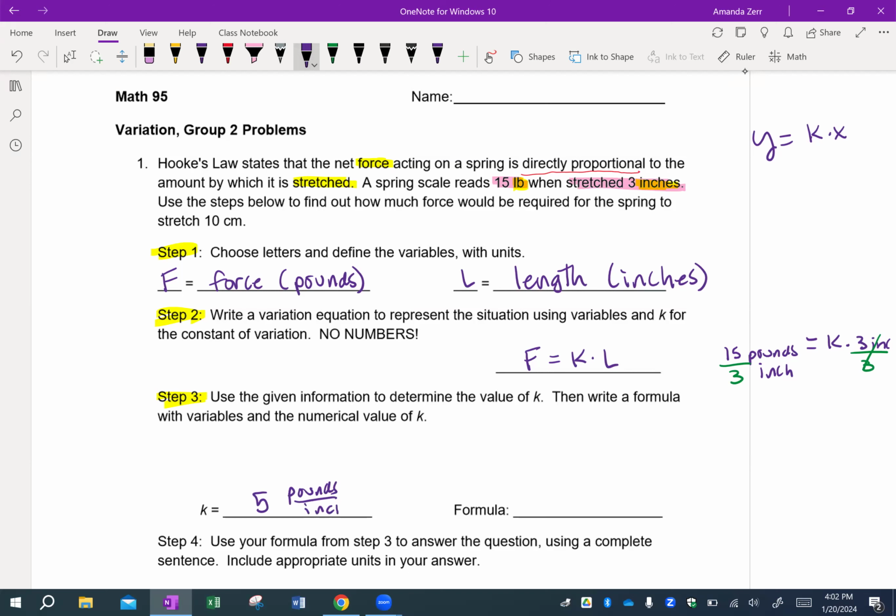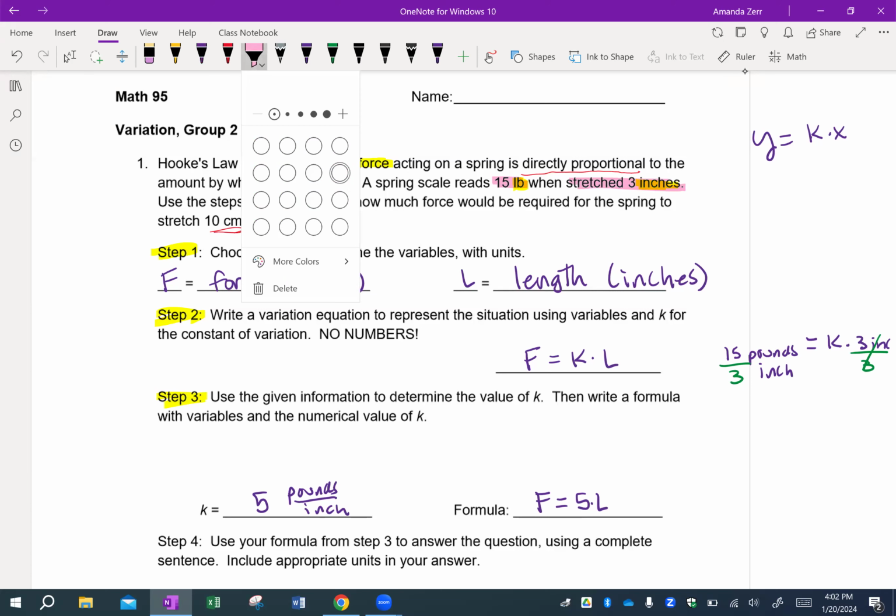And the reason I'm making a big deal of that is because now we need to figure out what force for 10 centimeters. So I can't plug this into my formula, 5 times length, because the length needs to be in inches. Okay, so in step 4, before I start, let's do our conversion.